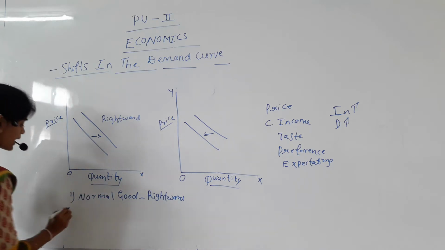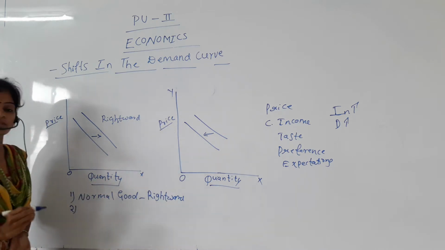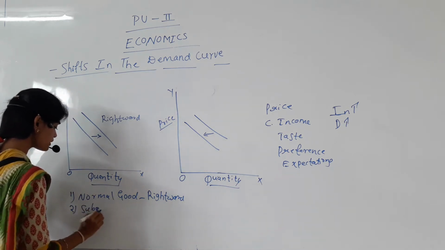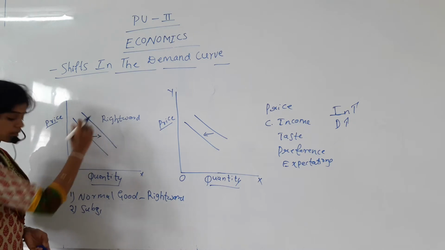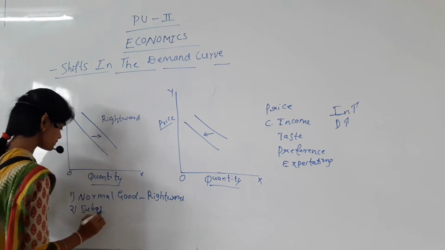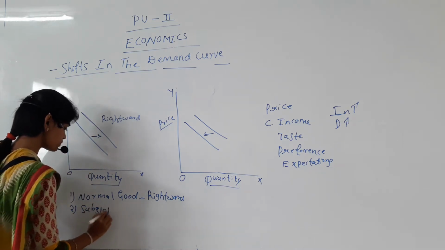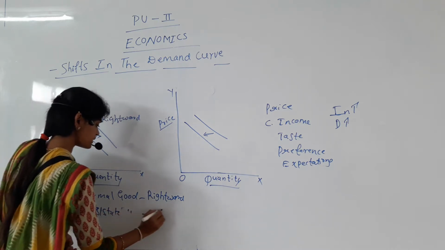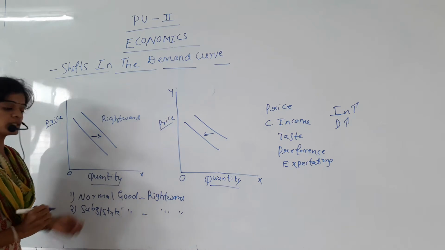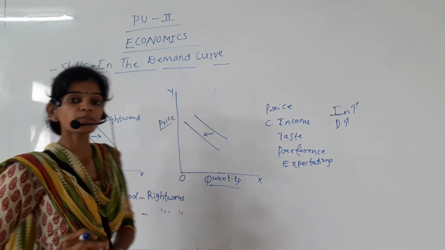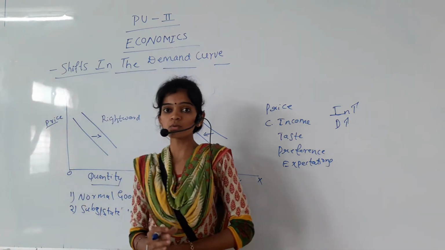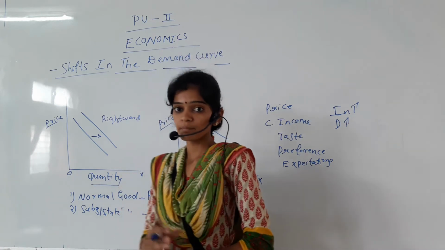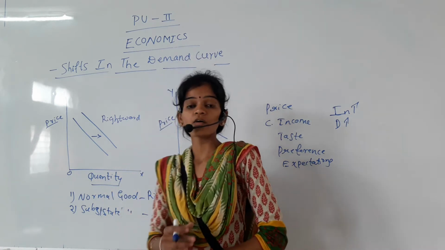Next, substitute goods. For substitute goods, the demand curve also shifts to the rightward. Substitute goods means using one good in place of another, like coffee and tea.